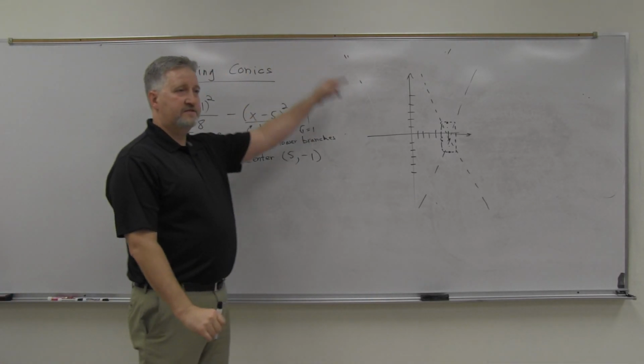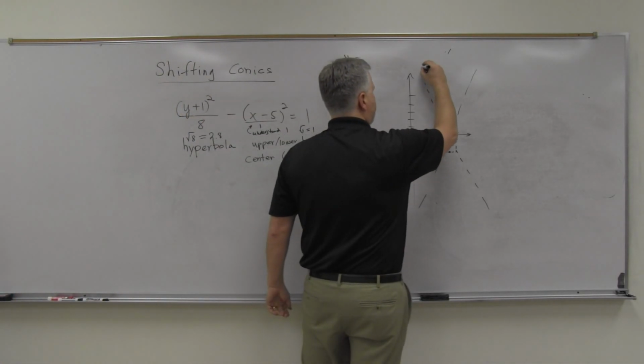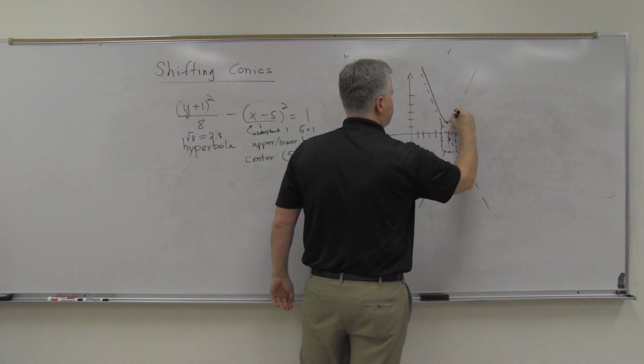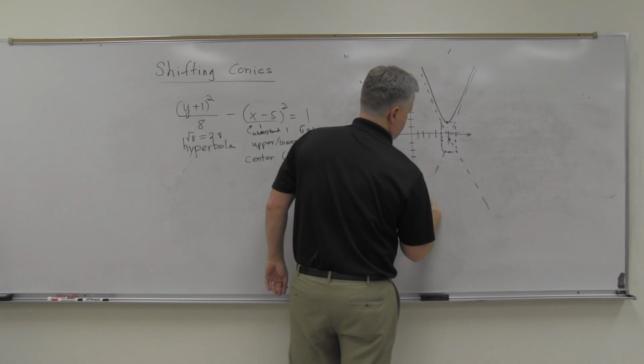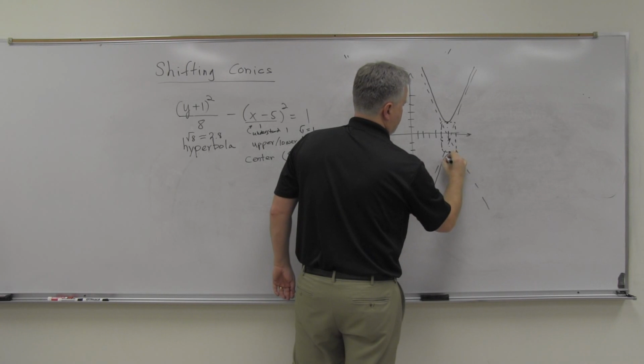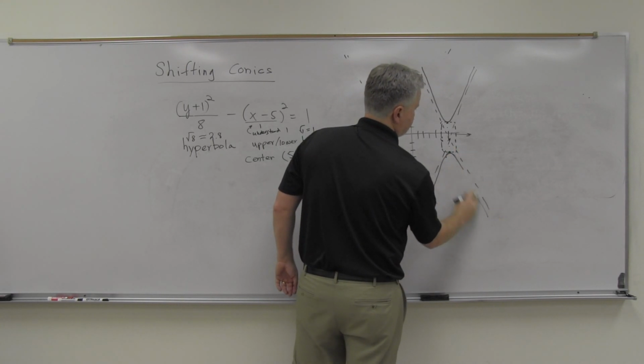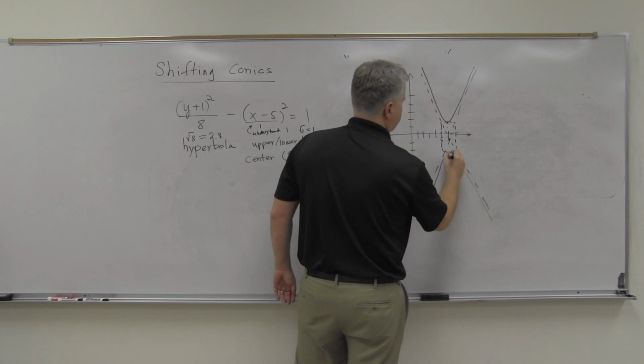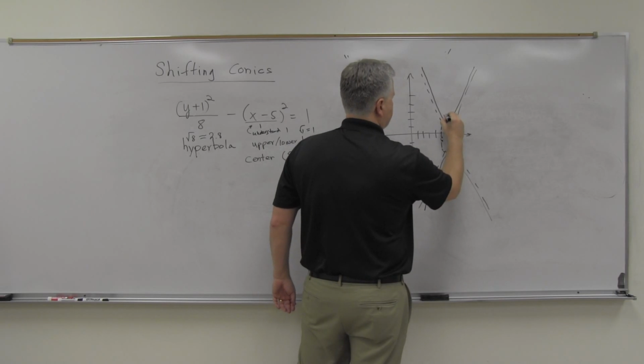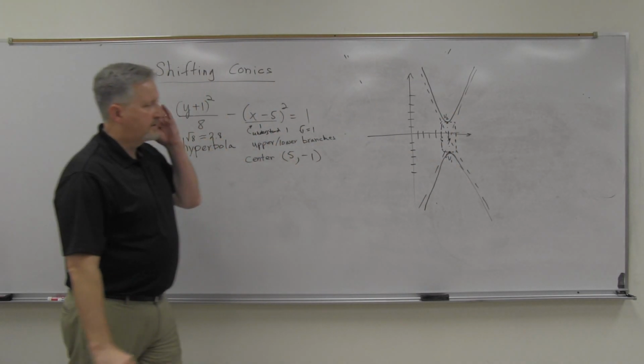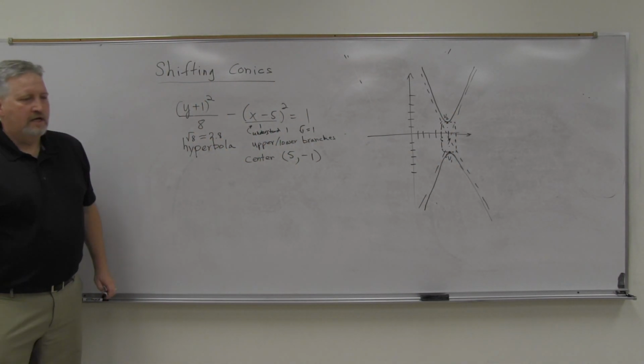Upper and lower branches, so upper branch here, get that vertex there, and then get that vertex there. Asymptotes here. So there's your vertex points right there. All right.